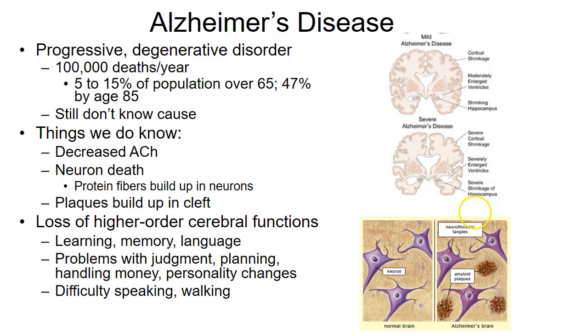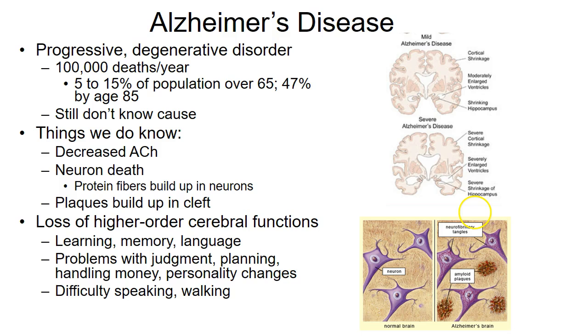So we're talking about all those things that we think about: learning and memory, language, problems with being able to judge, personality, being able to take social cues, say things appropriately, handling money. So here, the costs of healthcare is quite high for people that are in advanced ages. Compounding that problem is the fact that they have difficulty reasoning to make good financial judgment, right?